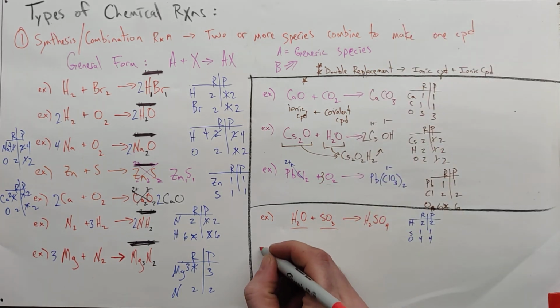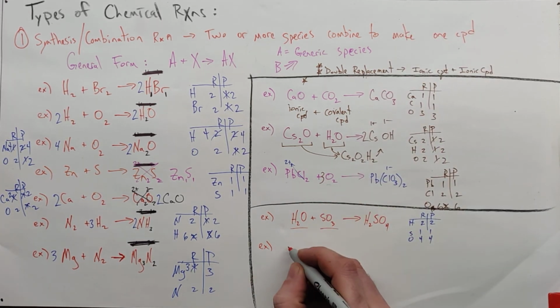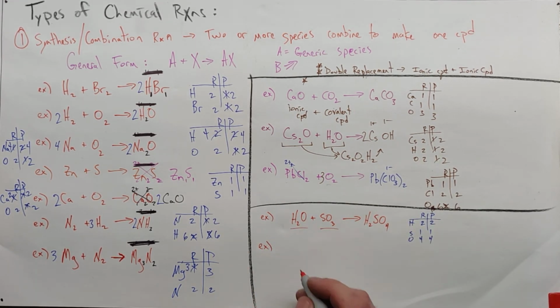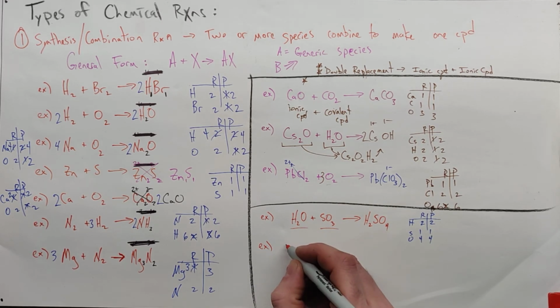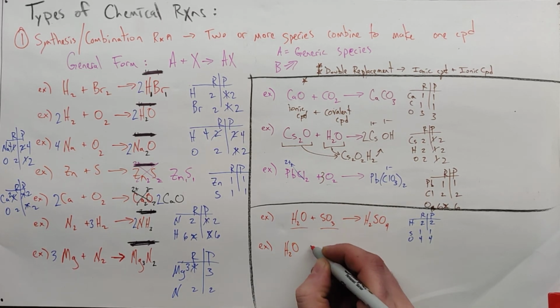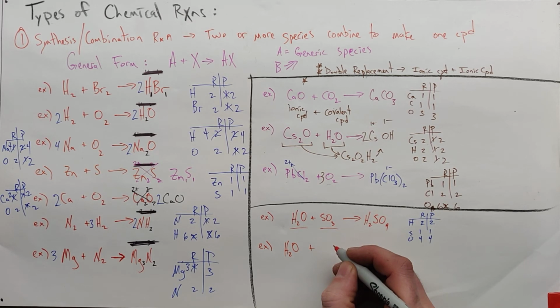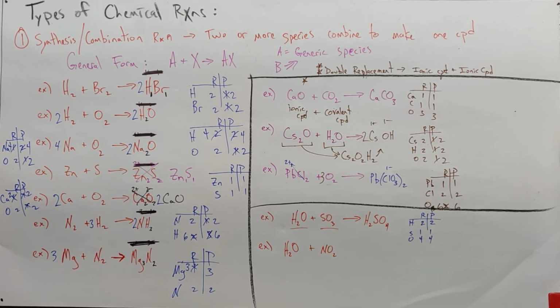The last one I want to look at here for our single replacement reactions is another synthesis of an oxy acid, the opposite of our decomposition of an oxy acid. And we'll take H2O, and we'll say we've got something like NO2.